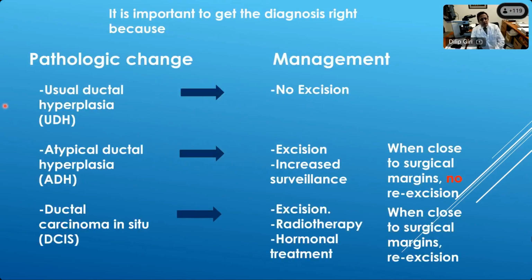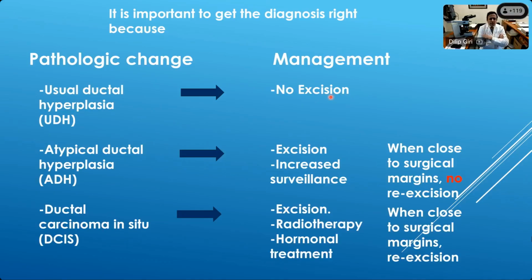If this is UDH, the patient doesn't need any excision unless there are some imaging characteristics that make the lesion suspicious, and the surgeon may then decide to remove that area that is concerning on imaging. And then on the final analysis, a more accurate diagnosis is made.